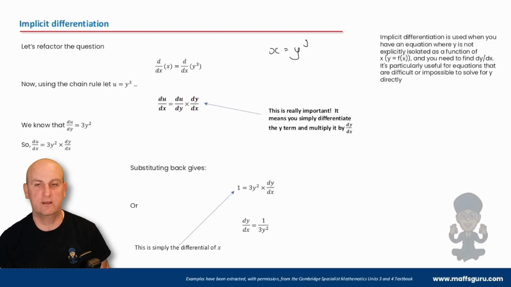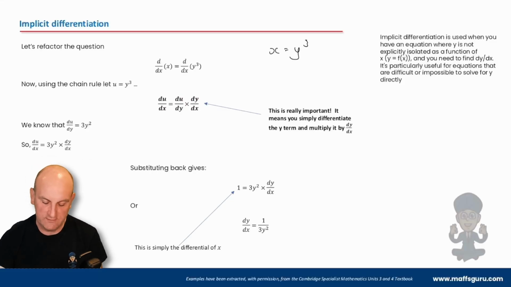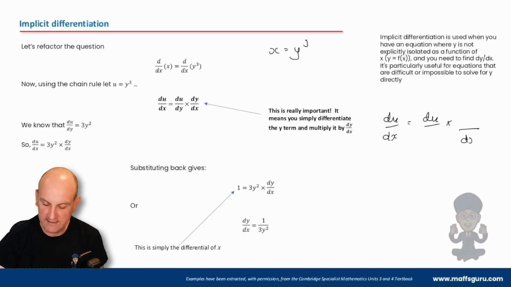Now, I know there's a lot of letters being thrown around at the moment, but ultimately, if you remember, if I've got du by dx, I can write my du on the top there, multiplied by my dx on the bottom there, and I can choose whatever differential I have up there. Now, because we've got respect to y, I'm going to do dy there, right? So those are exactly the same.